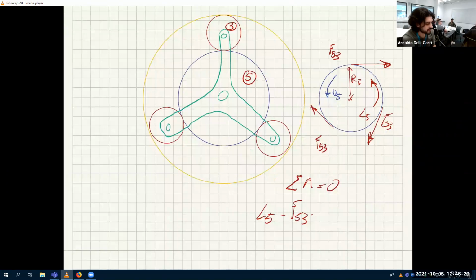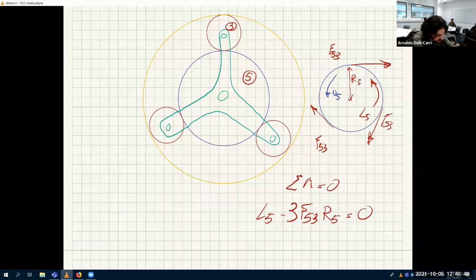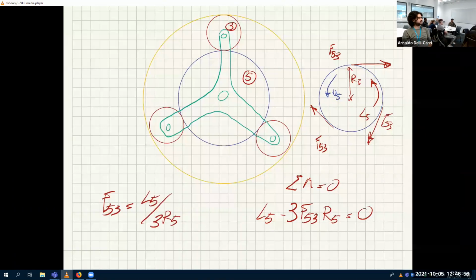So that means minus F5,3 times R5, minus F5,3 times R5, minus F5,3 times R5. So I'm saying minus 3 times F5,3 times R5 equal to 0. All right? So how much is the force? Well, F5,3 is L5 divided by 3 R5. There you go. All right? This is how you find it.